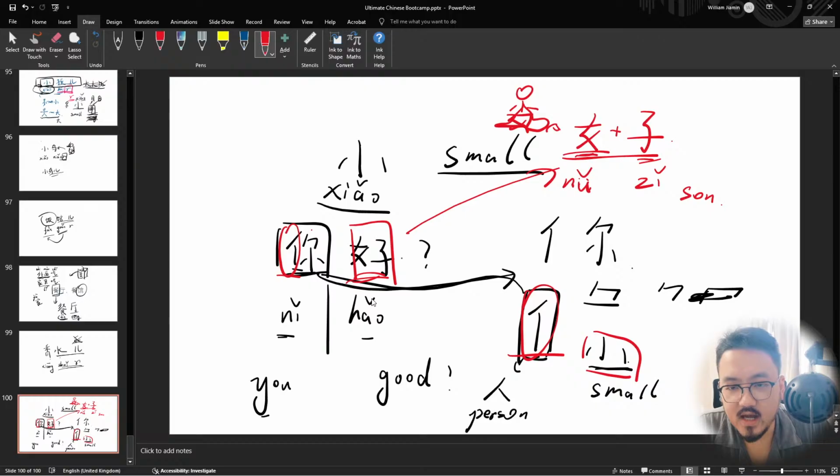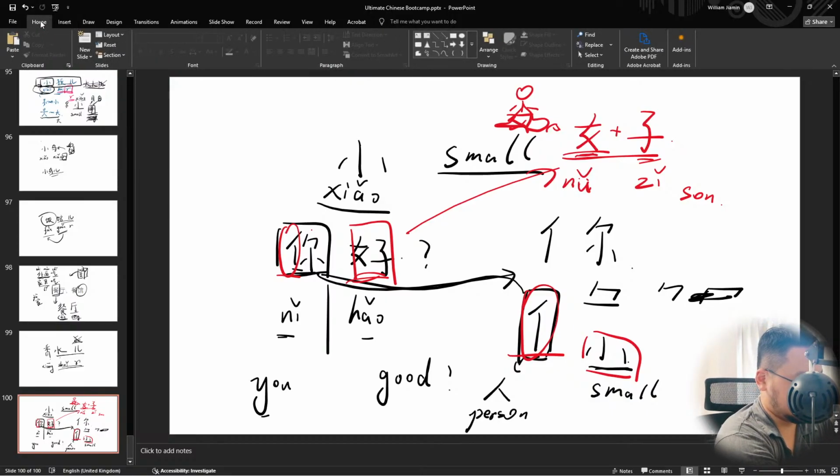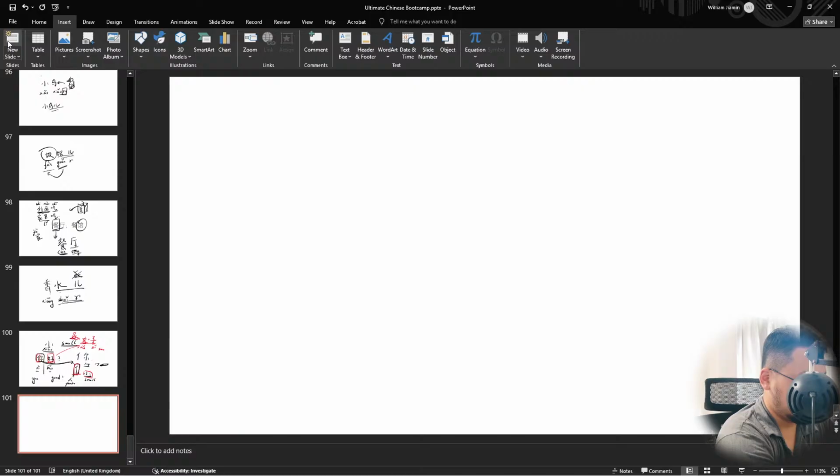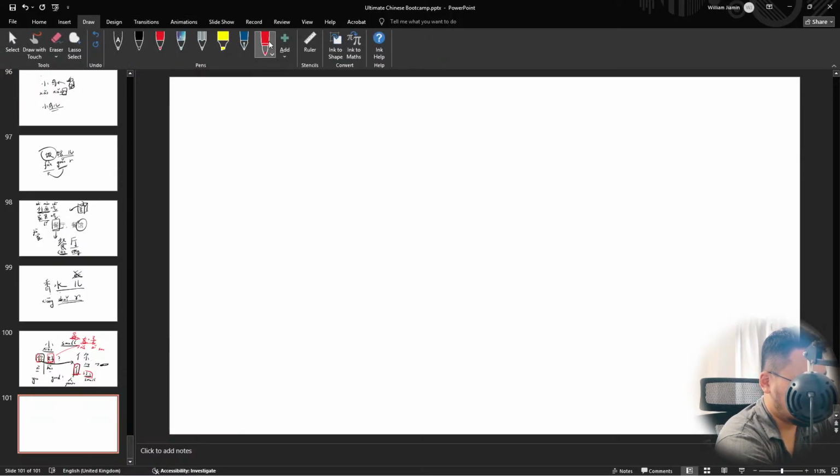好 is a character. What would 女 and 子 be? Well, 女 and 子 are also characters. Sometimes a character is 独体字, a single component character, which we mentioned earlier.